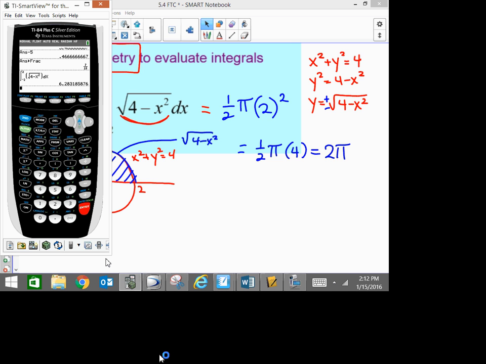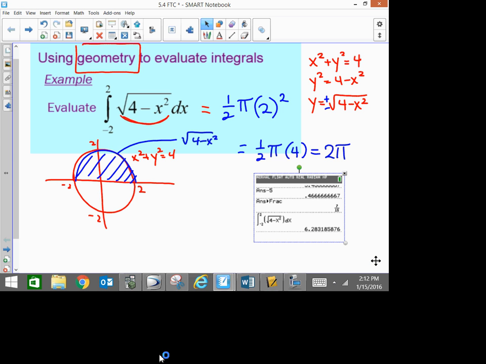There it is. So, anyway, just FYI. Don't forget about the geometry, the shape, if you get stuck. Because we don't get into integration as much as we did derivatives. So there are going to be things that you're like, wait, I don't remember how to do that. And then that would be an option to think about the geometry.